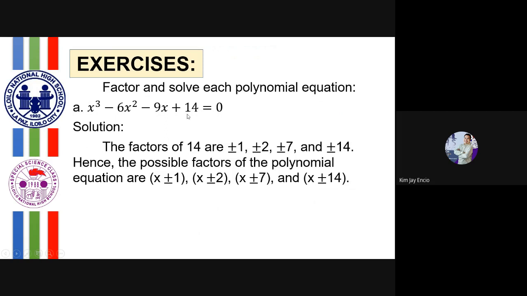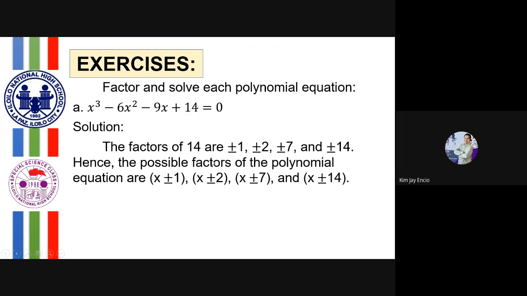Positive 14 could also be negative 1 times negative 14. It could be positive 2 times positive 7. It could be negative 2 times negative 7 as well. That's why if we take the possible factors of the constant, let us also consider placing a plus minus.